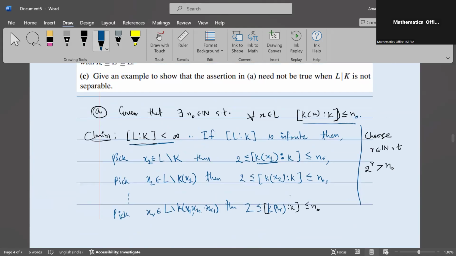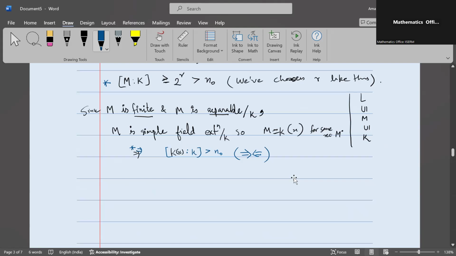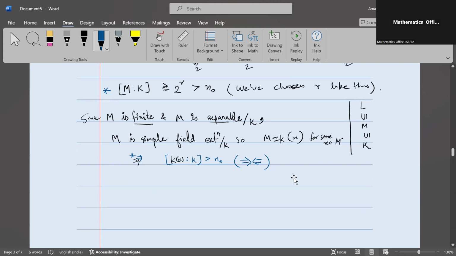This is our hypothesis here. Okay, so good. Primitive element theorem, yeah.